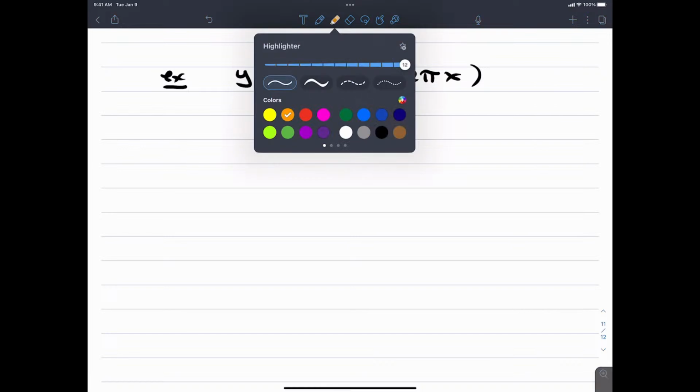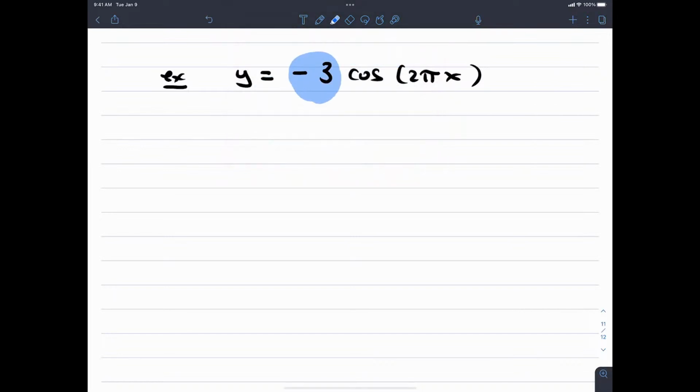Okay, so now remember this. Just like yesterday, I'm going to highlight the important pieces of information. This is A, and this is K. Is that right? We're going to need all those things again.